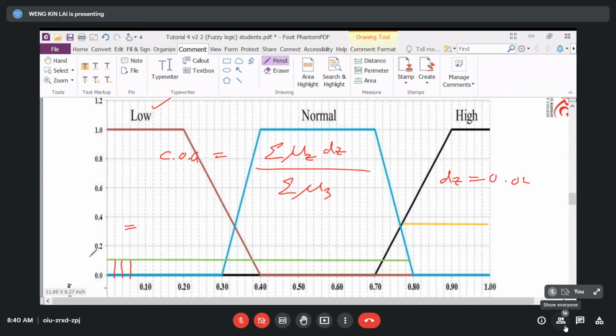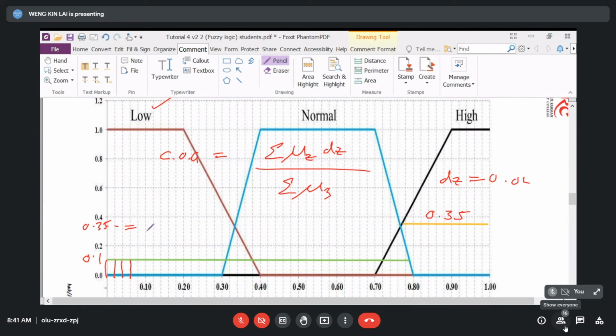Then multiply by the actual value, which is 0.1. The top one here is 0.35. Now I didn't take this first one because if you multiply by 0, you'll find that this is actually 0. So there's one value short.